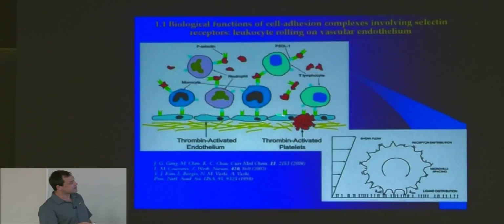These are endothelial cells, and there are some P-selectin receptors expressed on the surface. And these blood cells have counter receptors. PSGL1 is one of them. That's the pair for P-selectin. So PSGL1 is expressed on the surface of blood cells, and P-selectin receptors are expressed on the surface of blood vessel walls.